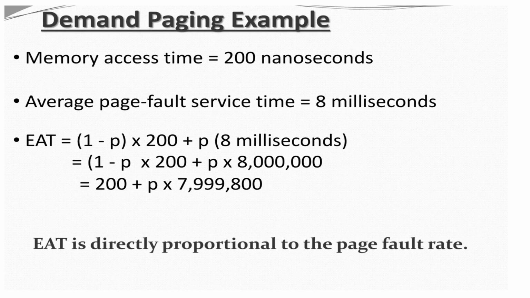That is (1 minus P) times 200 plus P times 8,000,000, which equals 200 plus P times 7,999,800. So we can conclude that EAT is directly proportional to the page fault rate.